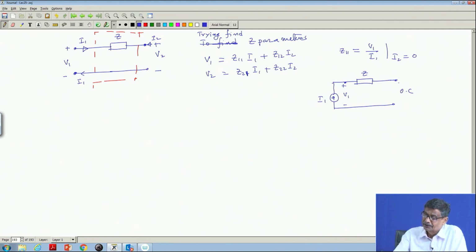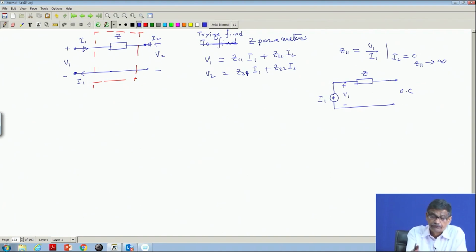So, this is what one will face on pen and paper. At least we can easily argue that in such a case Z 11 will try to go to infinity. So the elements of the Z matrix become infinitely large, and what is the point of writing an equation with infinity as coefficient?